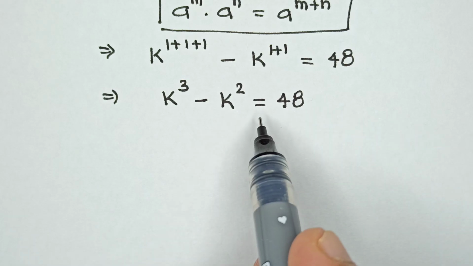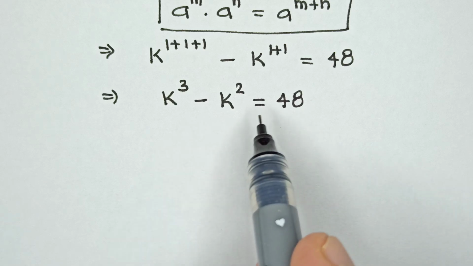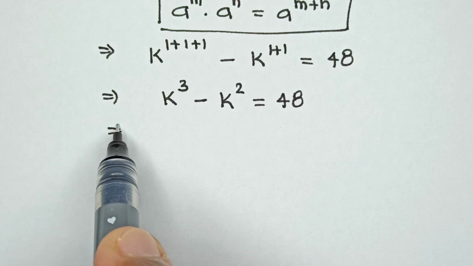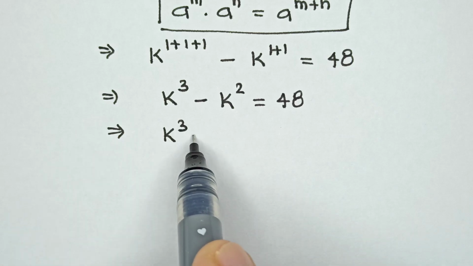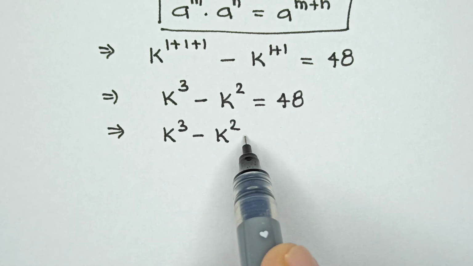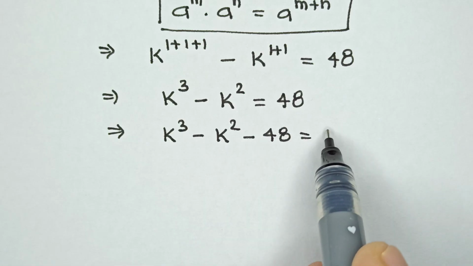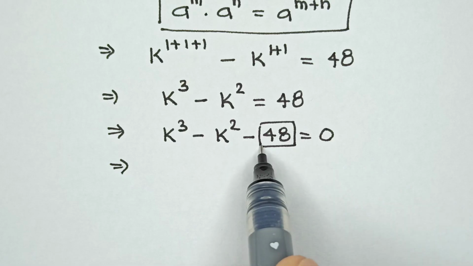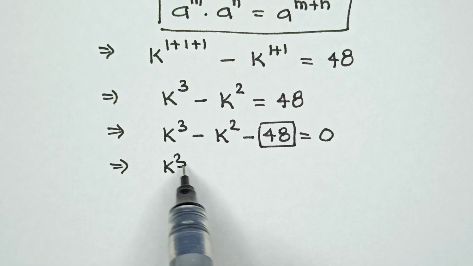Now if you try to solve this using a conventional cubic rule, then this would be a very lengthy process. So instead of that, first of all shift 48 onto this side. So this is minus 48 is equal to 0. After this, I'm going to bifurcate this 48 into a difference of two numbers.